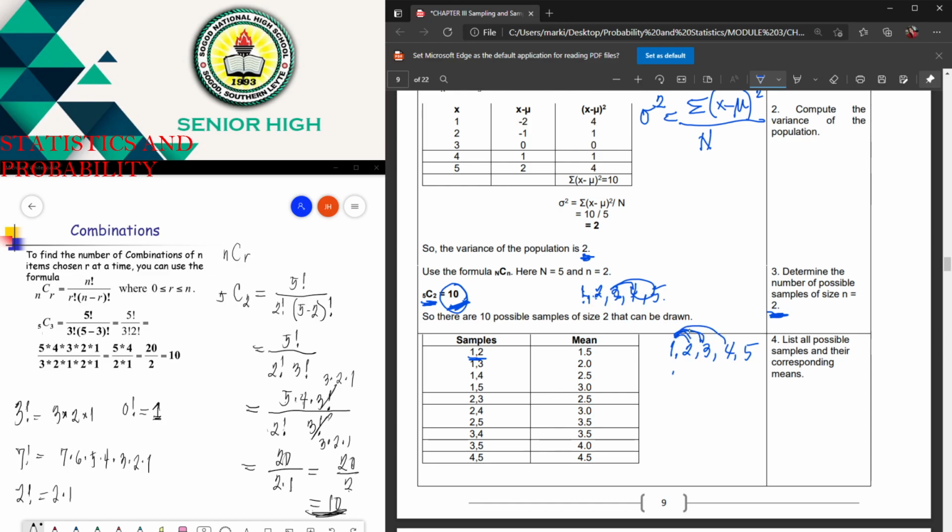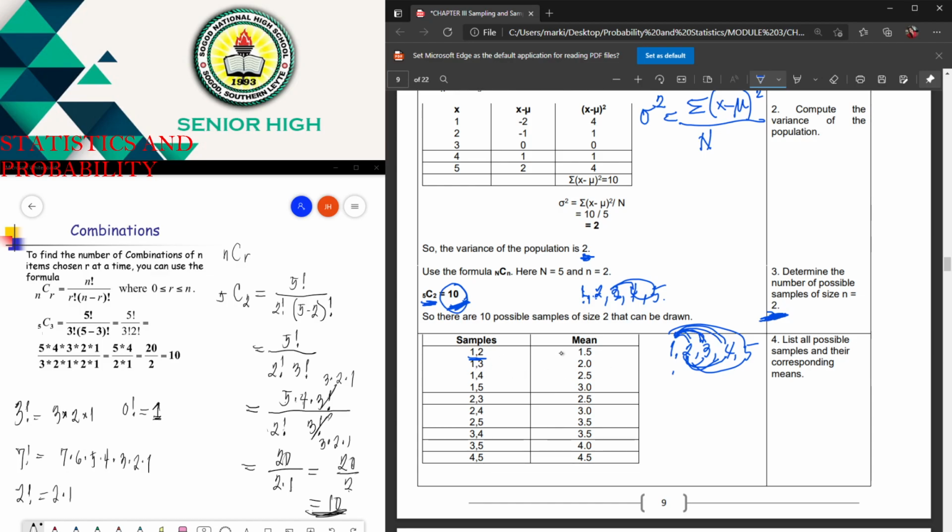Tapos, ito naman, 1, 3, 4, 5. Ganon. Tapos, 2, 3, 4. Tapos, 2, 4, 5. Ganon. Just by 3. You be careful sa tinatanong kasi yung sample size lang na tinatanong dito is 2. Kaya, 2 pairs lang to.